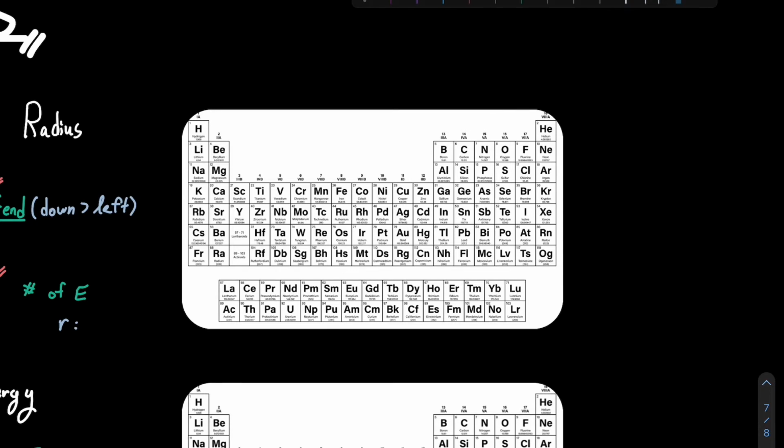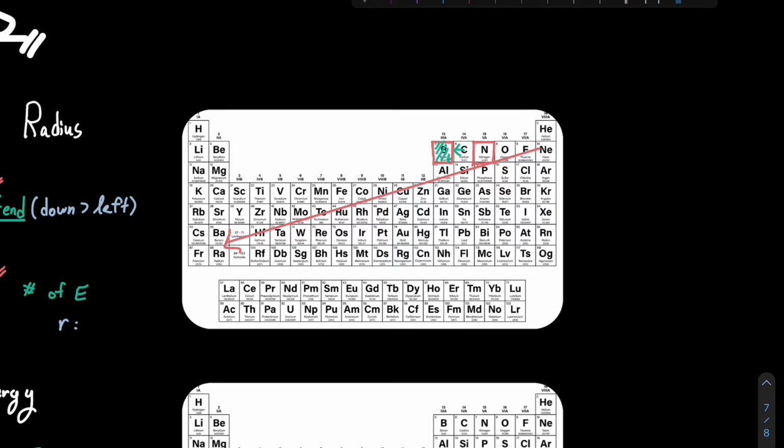So let's say we are comparing nitrogen and boron. Since the trend is in such fashion, boron would obviously be the atom with the bigger atomic radius because it is more left than nitrogen in the periodic table.